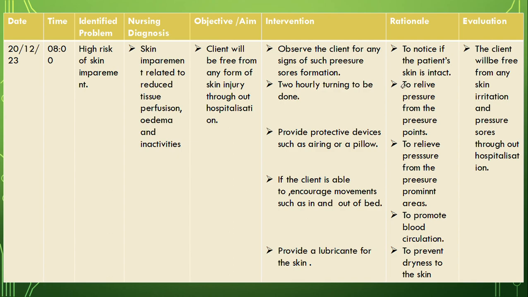Under our rationale, we want to relieve pressure from the pressure points, thus reducing or preventing pressure sore formation. Then we are also going to provide protective devices such as a ring or a pillow on pressure points. Why are we doing so? It is because we want to relieve pressure from the pressure points.